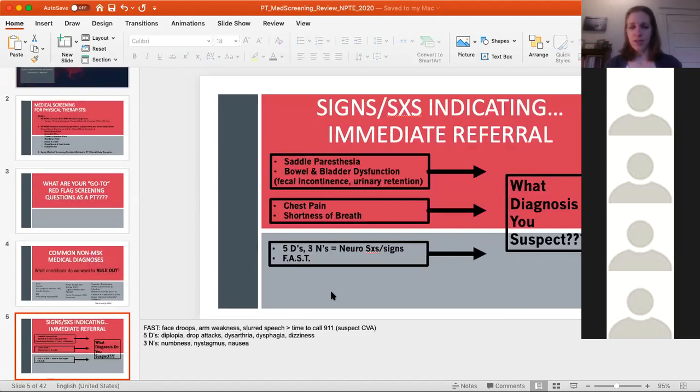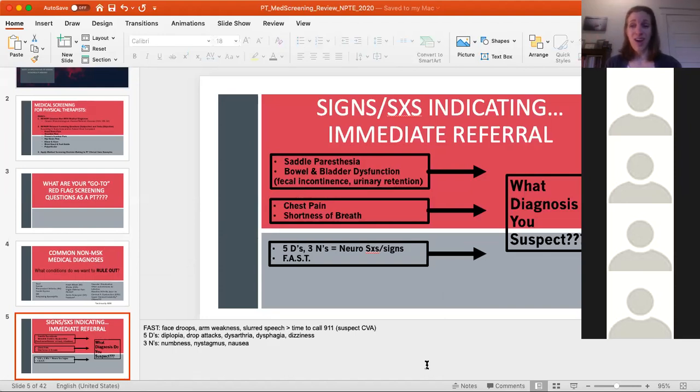Here are some signs and symptoms that may indicate that physical therapy is not necessarily a treatment of choice, and we may need to refer to somebody else, another specialist. If you're presented with a patient with saddle paresthesia, bowel and bladder dysfunction, what diagnoses might you expect? In the lumbar spine, you want to screen for those particular signs and symptoms.